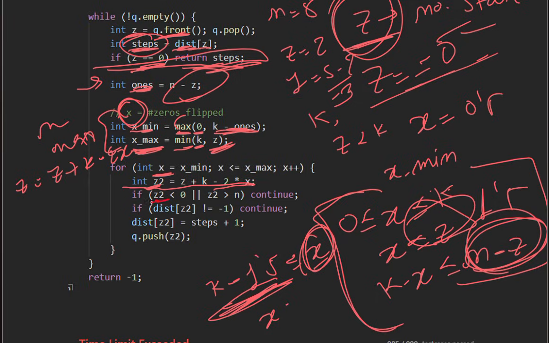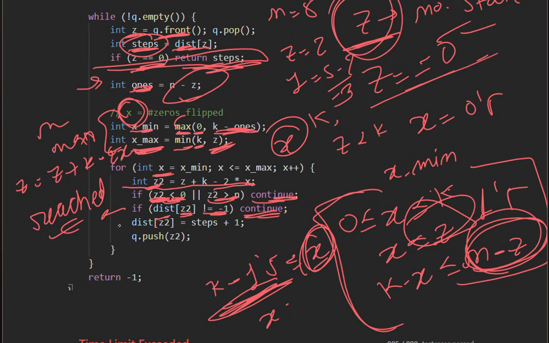If the new state has number of zeros less than 0 or greater than n, so both these conditions are false, so we'll be ignoring this x value, right? The other thing is like distance of this current state is not equal to -1. That means we have already reached this state, so we won't be exploring it again, right?